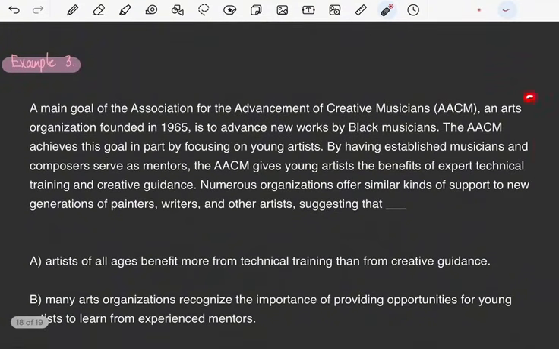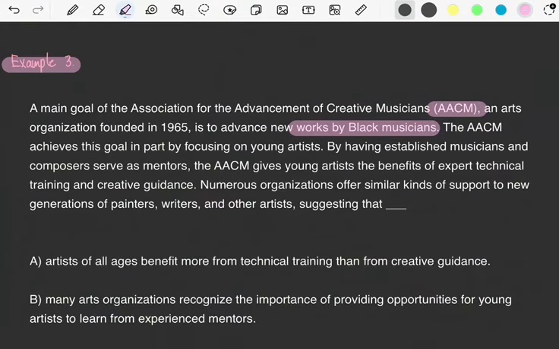First one was to read the passage, that we have done. The next one is to identify the main logic or the flow of ideas. So let's do that. It says that AACM supports young Black musicians. The method: established musicians mentor younger ones.